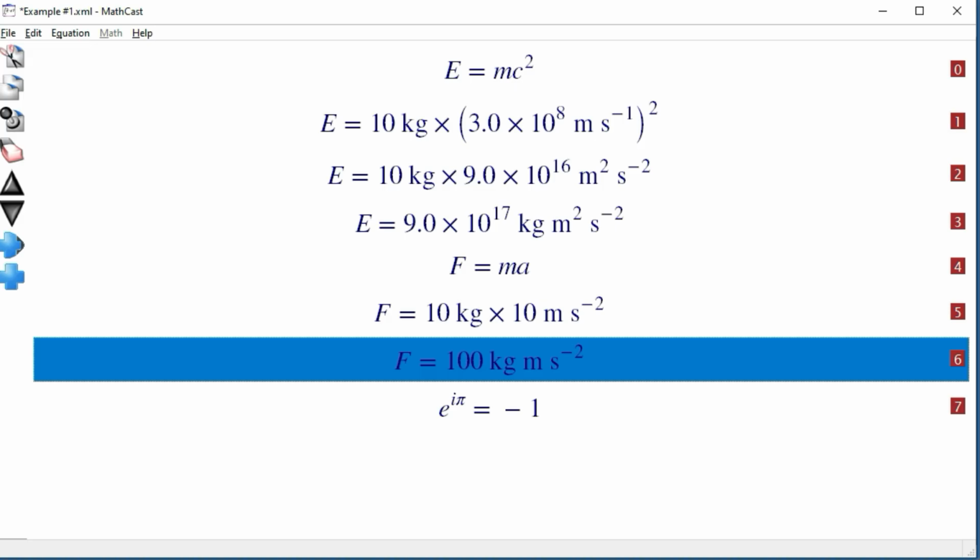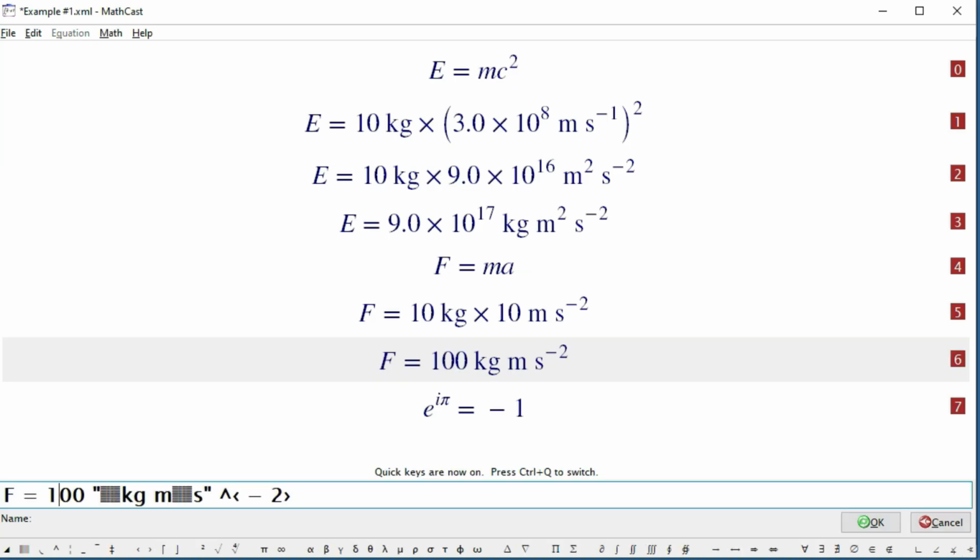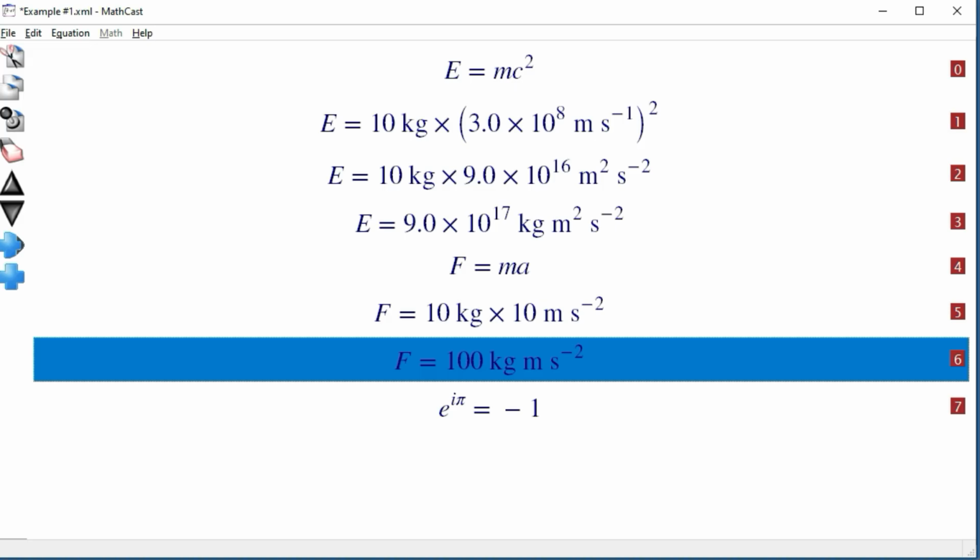And then you can compare energy and force here. So you'll see that with that one particularly, you don't need to put a box in there, but you can if you like. It makes no difference on that one.